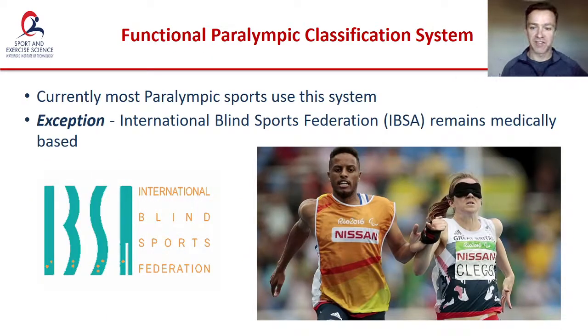The functional classification system is currently the most used sports classification, with the exception of athletes who compete in blind sports. They still use the medical classification for blind athletes.